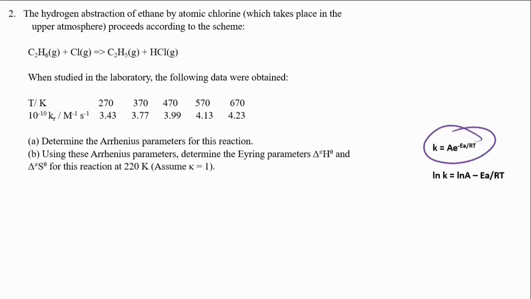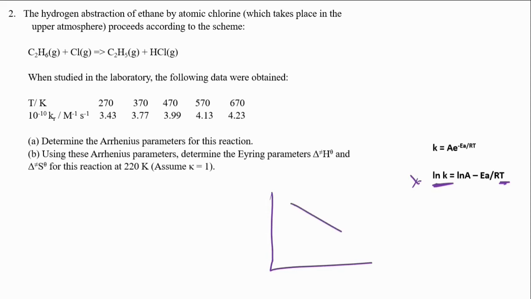Of course, we have to first know the Arrhenius equation before we can determine the Arrhenius parameters. This is a popular Arrhenius equation, which when linearized, you get this one here. What this linearized version is telling you is that you could plot ln k, the rate constant values, versus 1 over T. If you do that, you should get a line with a negative slope.